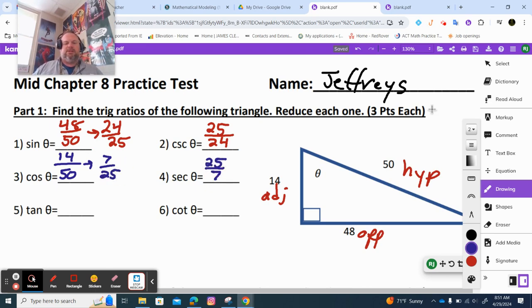Flip version. And then opposite over adjacent. 1948. I can't do that one in my head. Well, I should have been able to. Thought it would actually reduce down more than that.